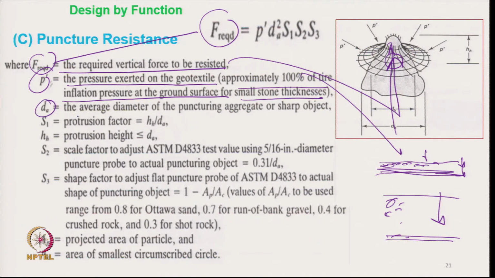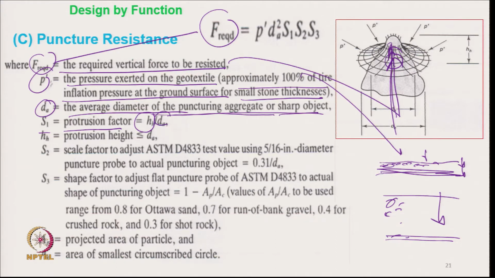dA is again the average diameter of the puncturing aggregate or sharp object, the stone or something. S1 is the protrusion factor. What is the protrusion factor here? It is H by dA.